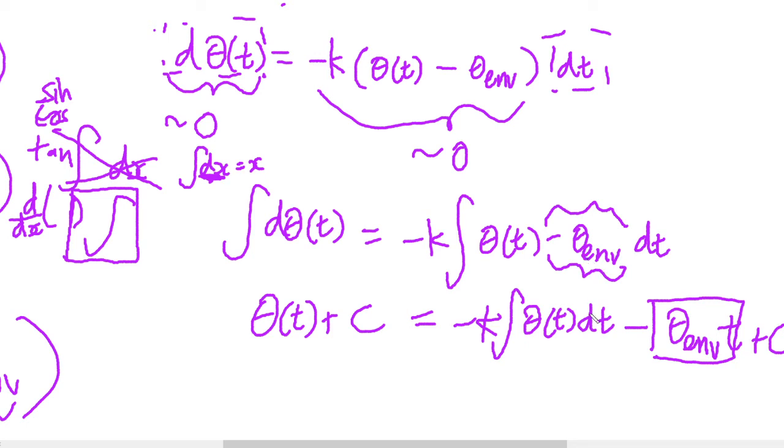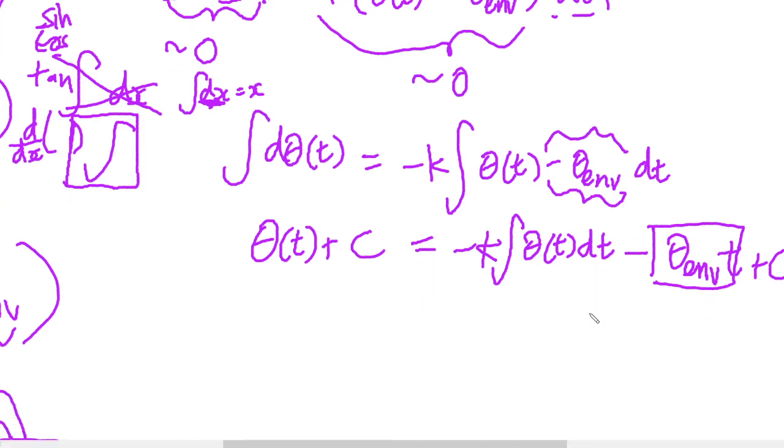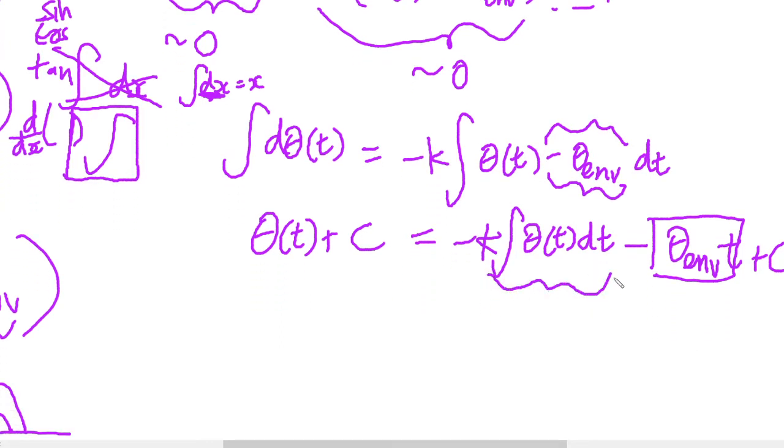So now we have a bit of a quandary, we have a bit of a problem. We have this term, the integral of theta t with respect to time, which is not going to go away because we have no information to decipher what this term is. So we need to find another approach.